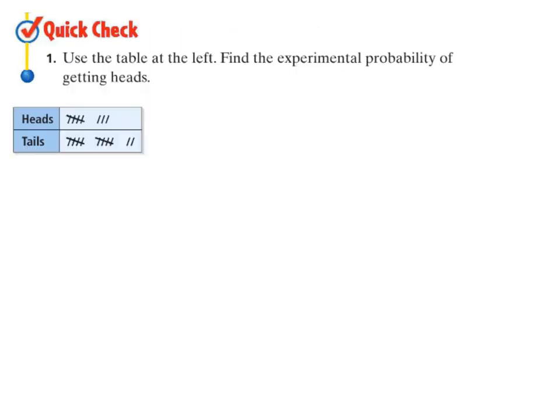Let's try another. Use the table at the left. Find the experimental probability of getting heads. Now we are finding the probability of getting heads. So the probability of getting heads is equal to how many times the experiment was conducted.